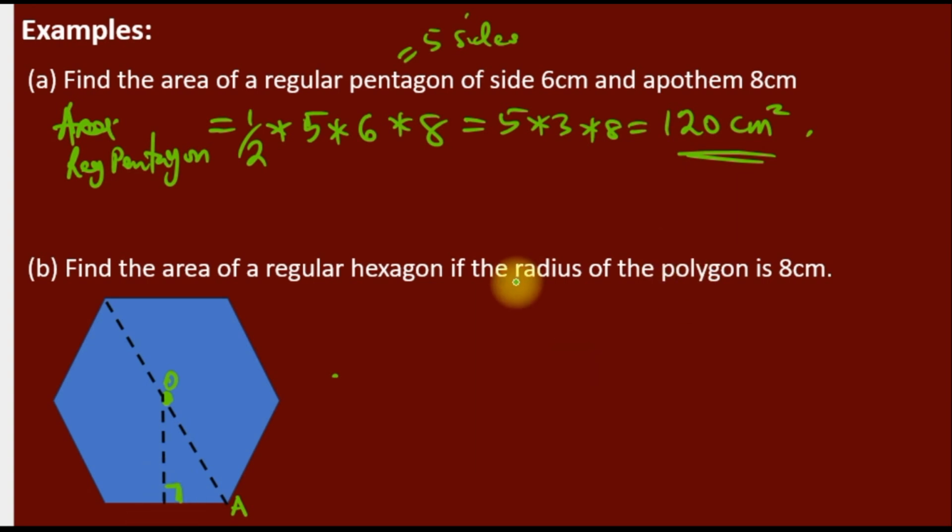And they didn't give us the side. They gave us the radius of the polygon, which is 8. So with that, we can get the remaining. But remember, we need to get the central angle, the central angle of this polygon.